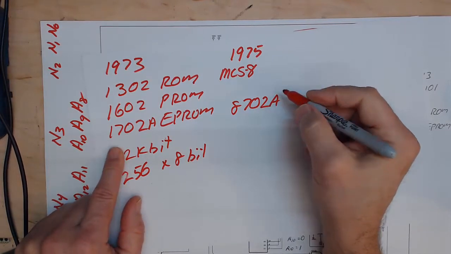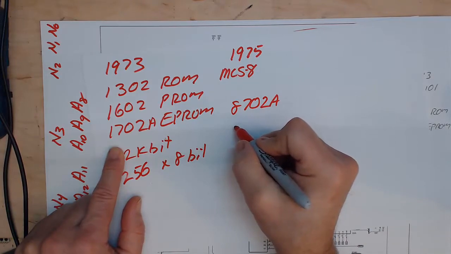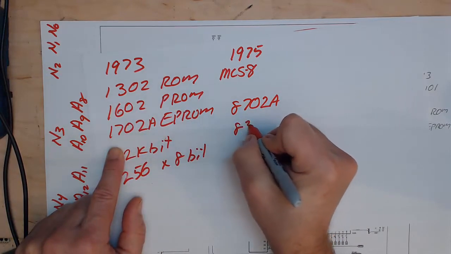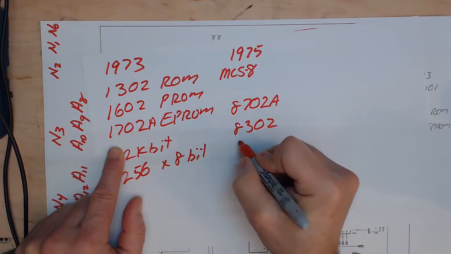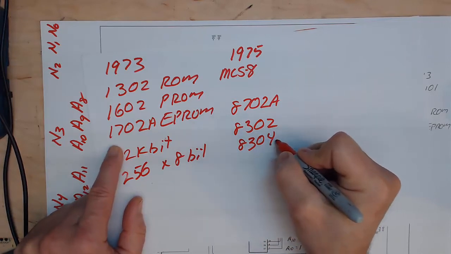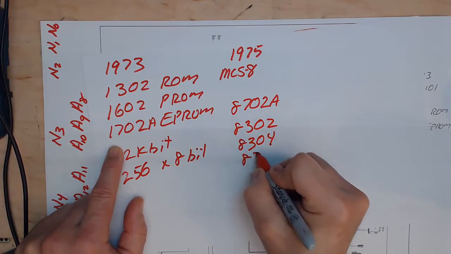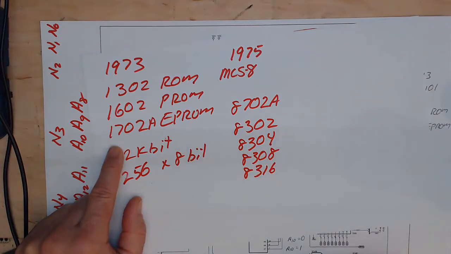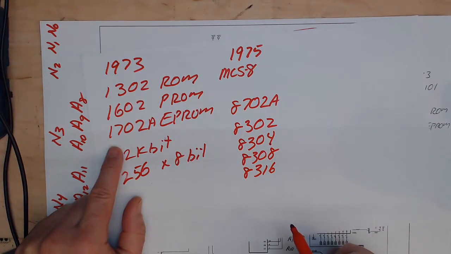And we had, by that time, the 8302. We now had the 8304, which was a 4 kilobit. We had the 8308 and the 8316, 16 kilobit.